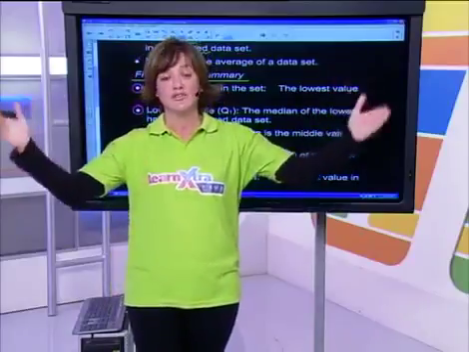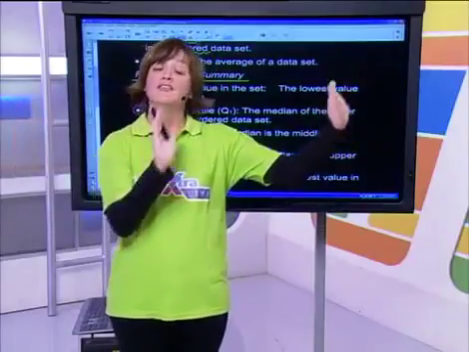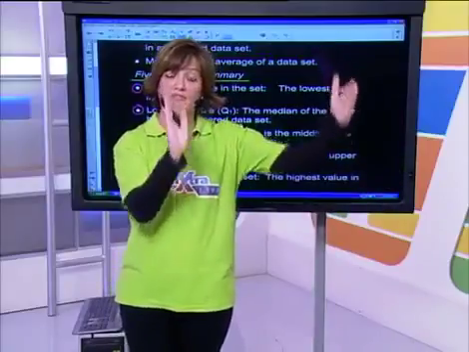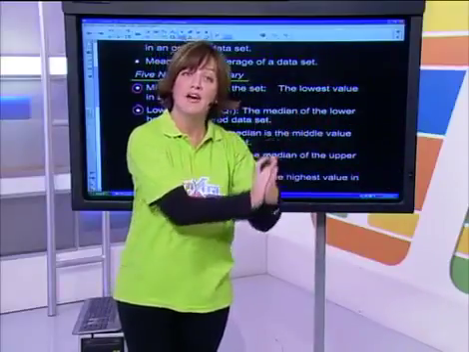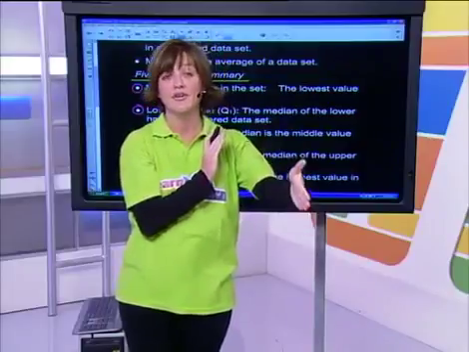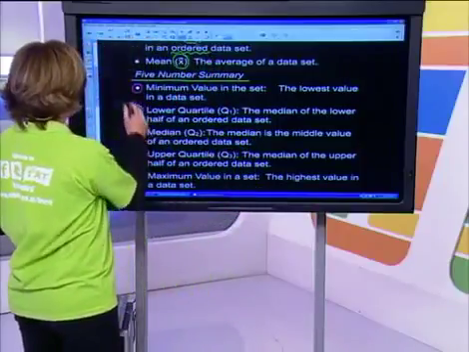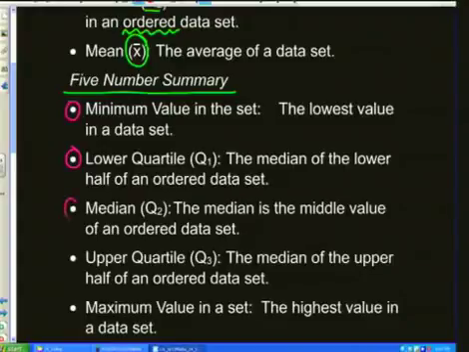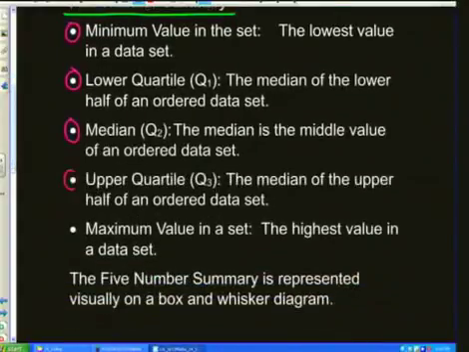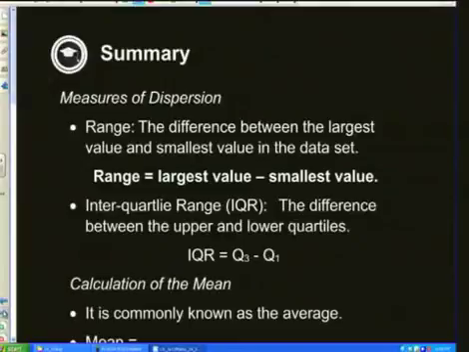Your median has divided your data basically into 2 halves. To find your lower quartile, you take the first half of your data and find the halfway mark of that. That gives you Q1, and your upper quartile is the halfway mark of your upper half of the data. So your 5-number summary is your minimum, your lower quartile, your median, your upper quartile, and the maximum number. As I've already mentioned, that's the information you need in order to plot your box and whisker diagrams.